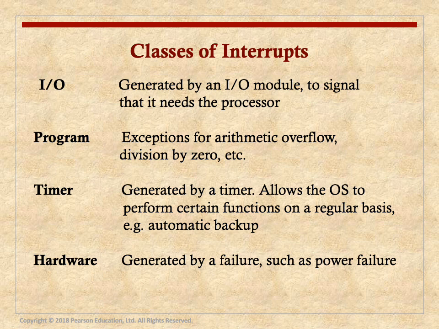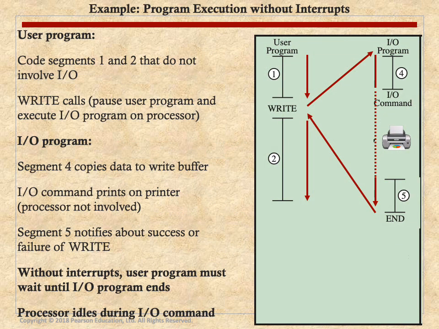Timer interrupts are generated by a system clock, and they allow the operating system to perform certain functions on a regular basis, for instance an automatic backup or a checking for updates. And finally we have hardware interrupts that are generated by a failure of a hardware component or a failure of power. In this course, we will mainly look at input and output interrupts.